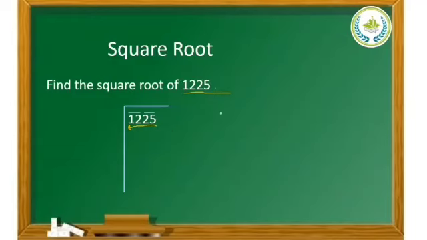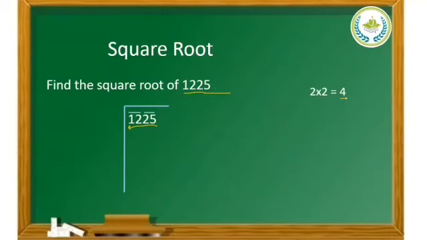Now, we will take a square number and multiply it by itself. So, I am taking 2, multiplying it by 2, and I am getting the answer 4. 4 is very small as compared to 12.